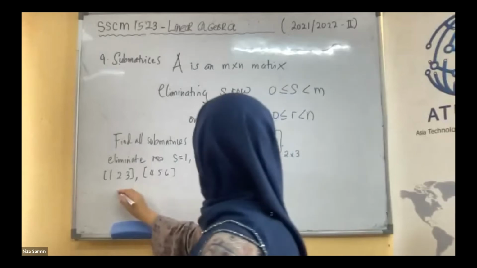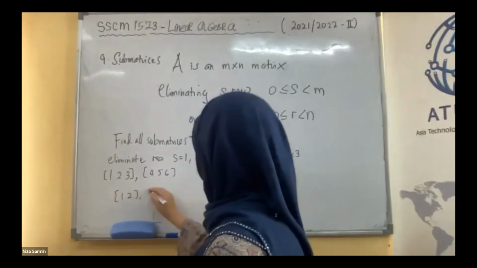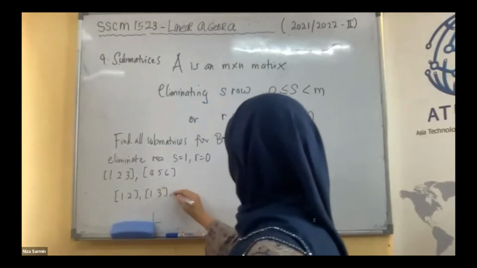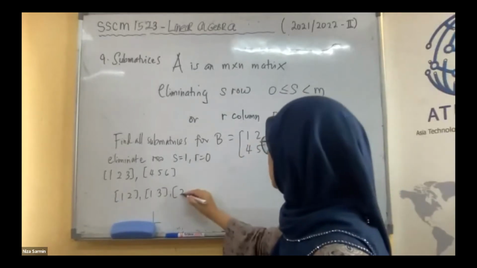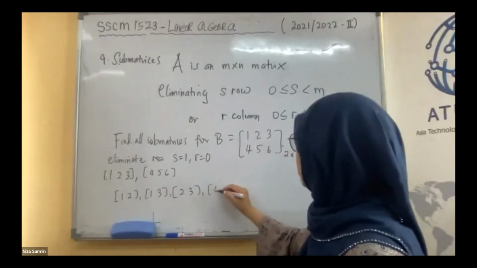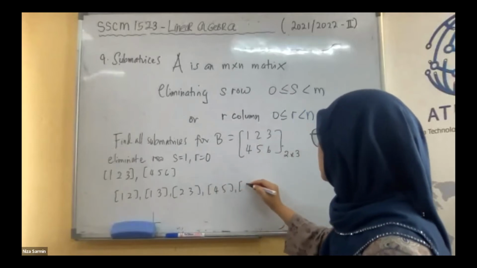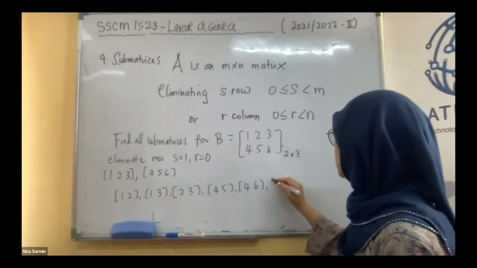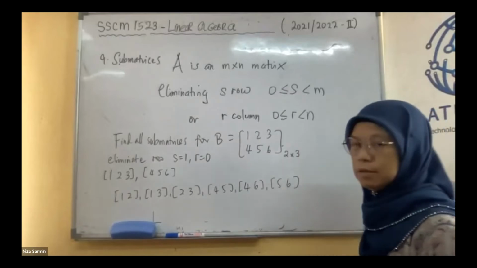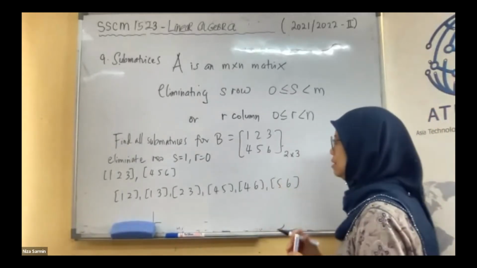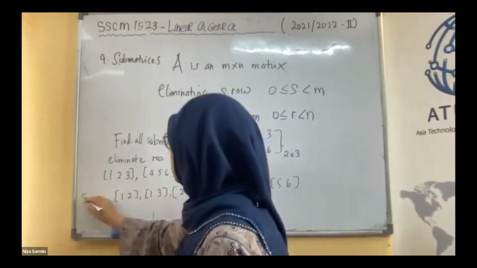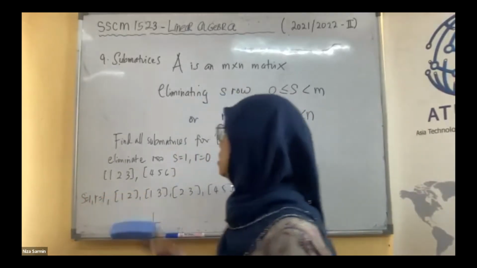So you will get like 1, 2, 1, 3, 2, 3, 4, 5, 4, 6, 5, 6. This is eliminating 1 row, 1 column.